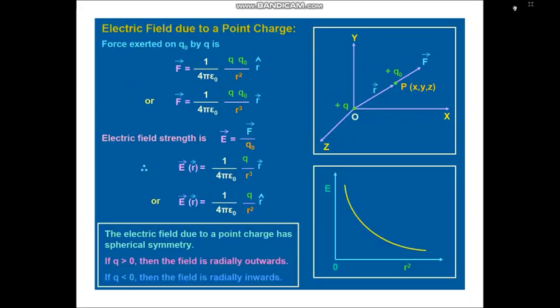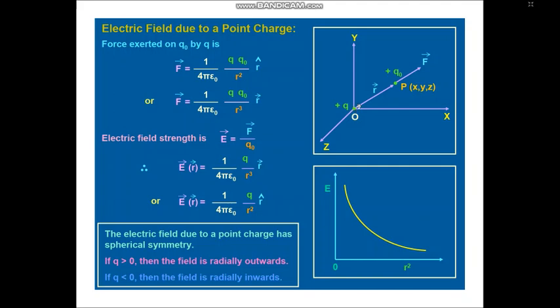Now, expression for electric field due to a point charge. To better understand, look at the diagram. Suppose you have to find the electric field strength at point P due to a charge plus Q placed at origin.